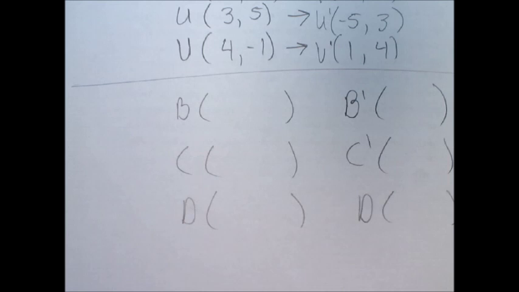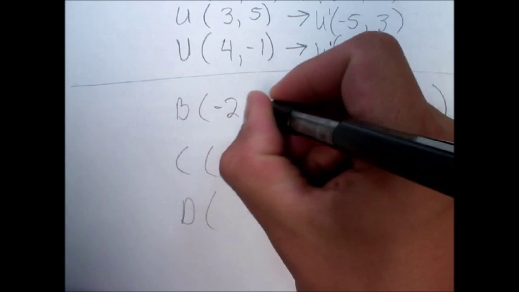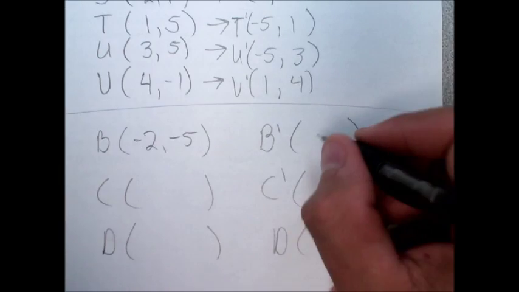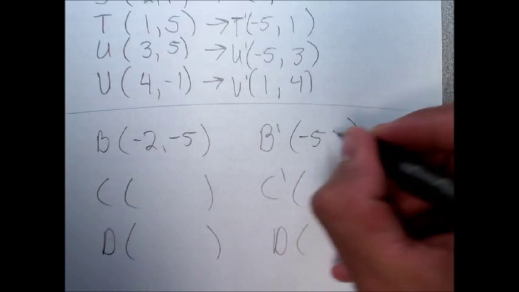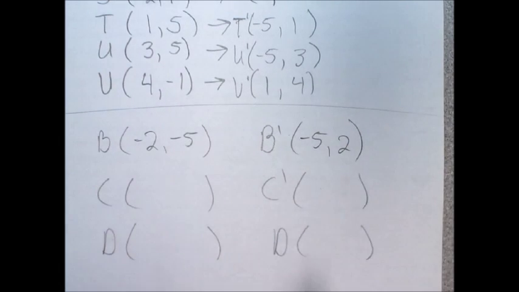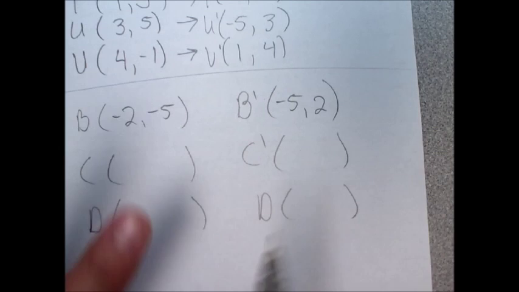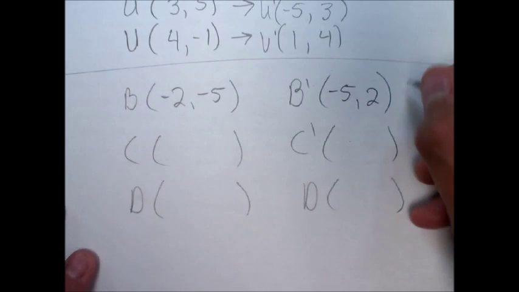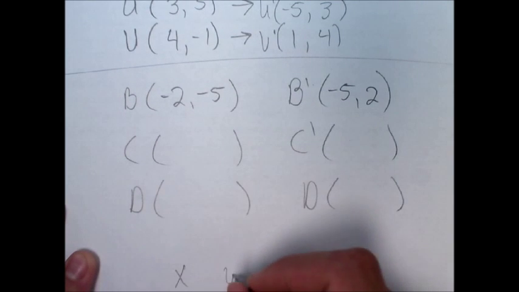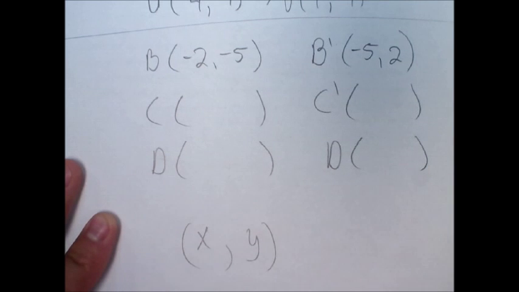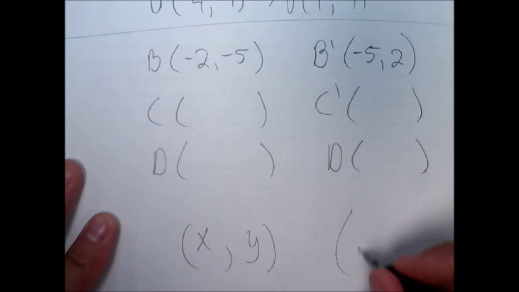All right, B, what you got for the first one? Original is -2, -5, good. Prime is -5, 2. All right, let's first identify what's going on here. What happened? They definitely switched places, right? So they went from X, Y, right, to Y, X for sure.